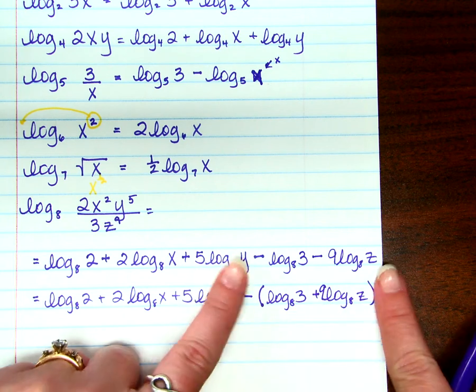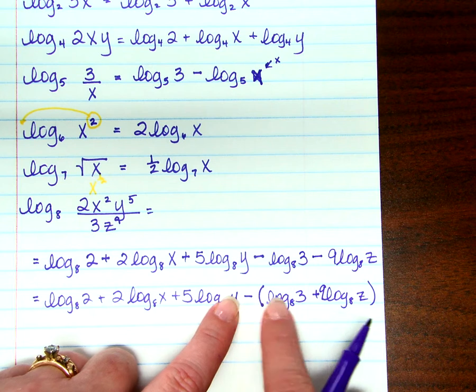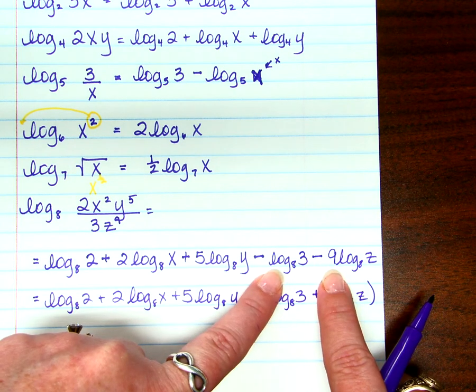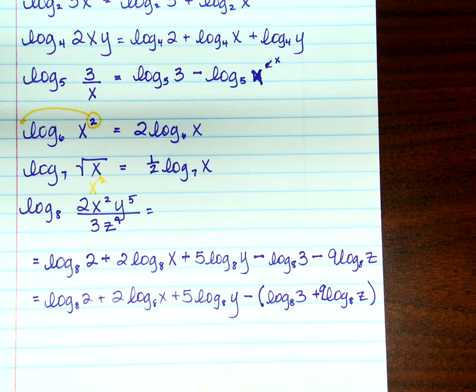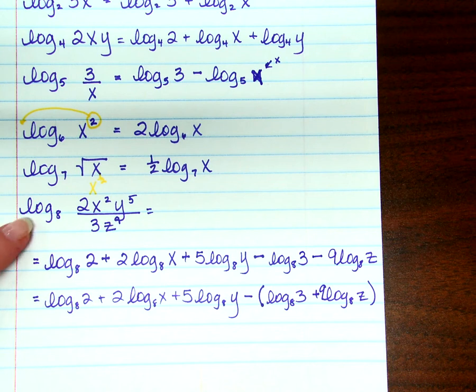Which is fine as long as I have them in parentheses. Because think about what would happen if I distributed this negative to each term. Wouldn't it be this one? Yes, it would. Okay? Either one of these is a correct answer for this problem. Either one. Everybody okay with that? Okay.